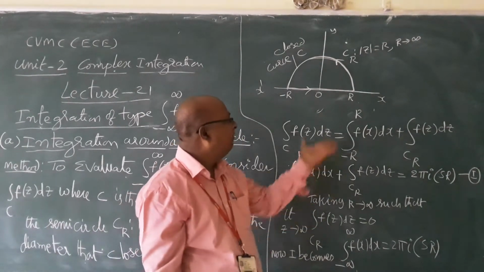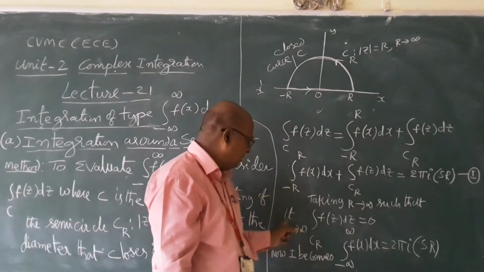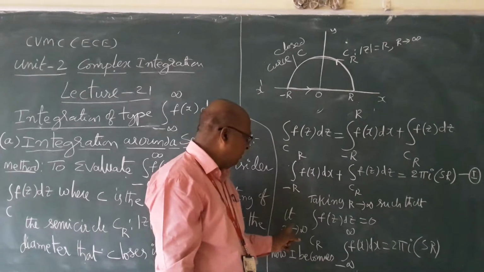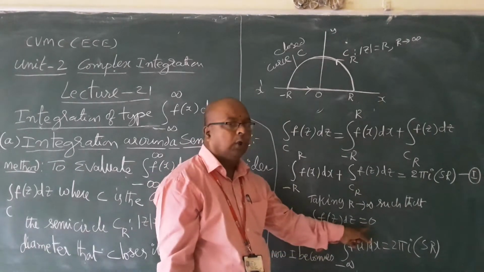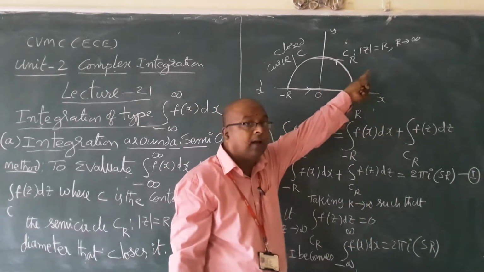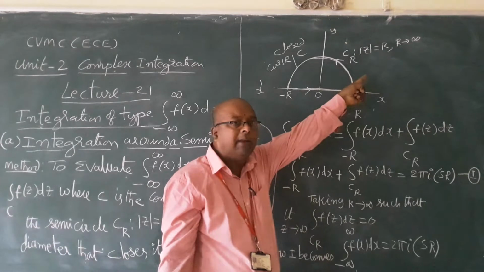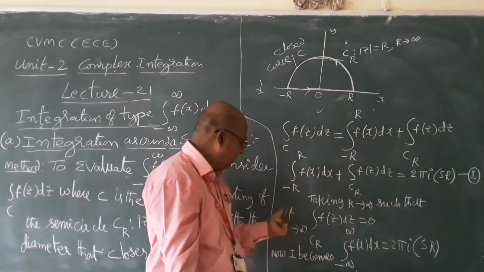Now, how to get infinity? Taking r tends to infinity, the limit of the integral over CR of f of z dz is equal to 0, since mod z is equal to r, so r tends to infinity means z tends to infinity.